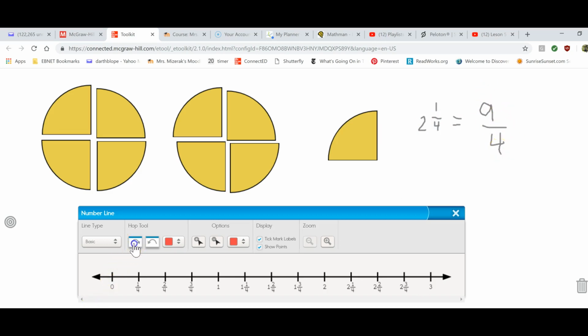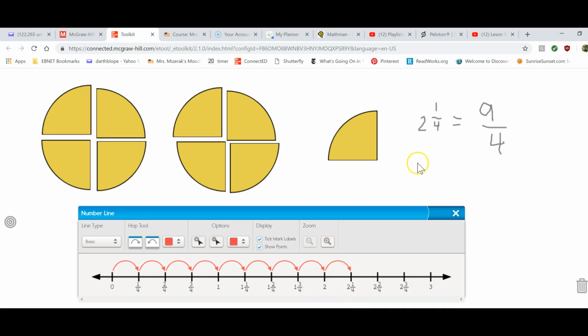So starting at 0, I'm going to jump 9/4. 1, 2, 3, 4, 5, 6, 7, 8, 9. 9/4 on my number line that's divided into fourths, and I land on 2 and 1/4.